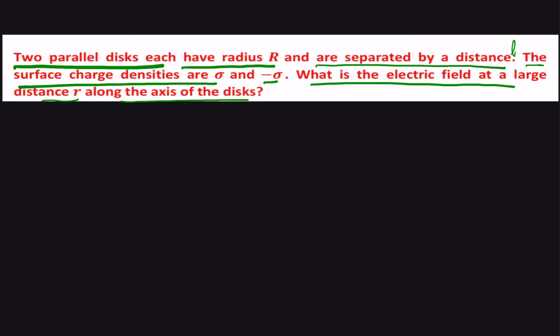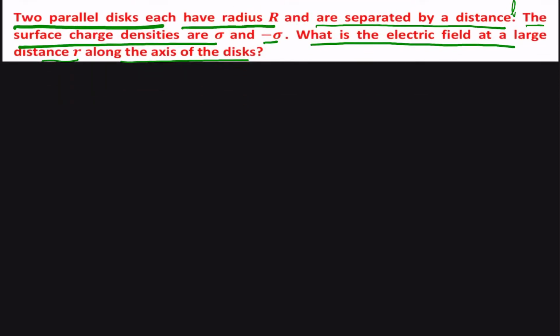Okay, so we are given two discs and the separation between them is given as L. So suppose this is our disc number 1 and this is our disc number 2, and we have to find out on the axis of the disc.